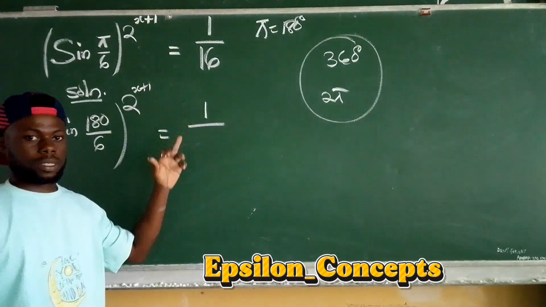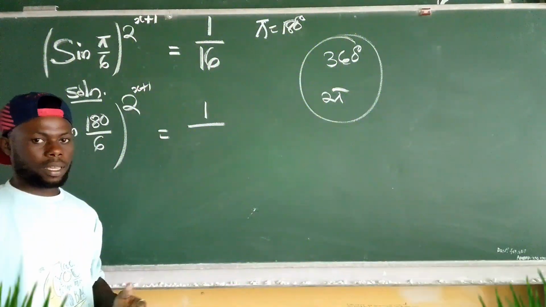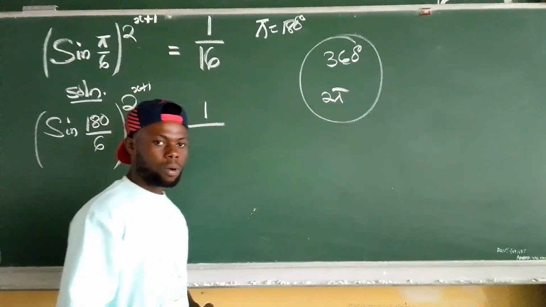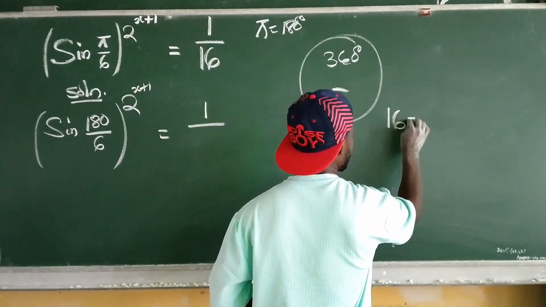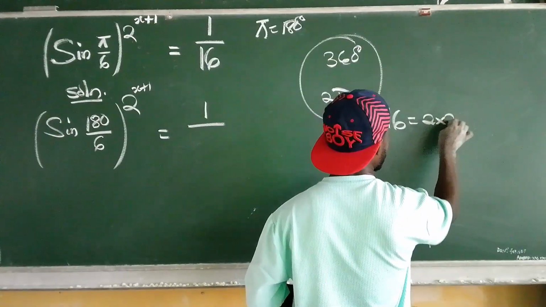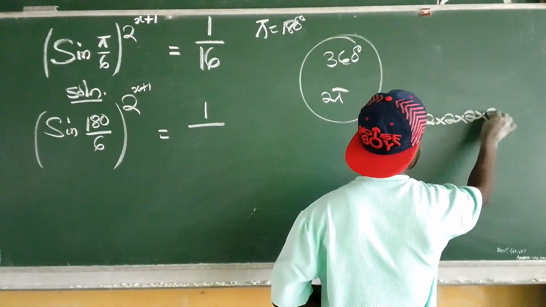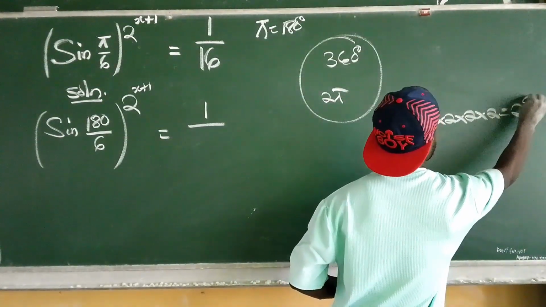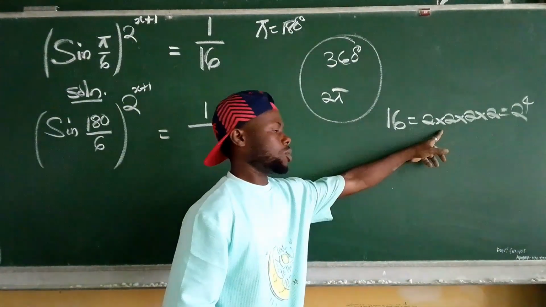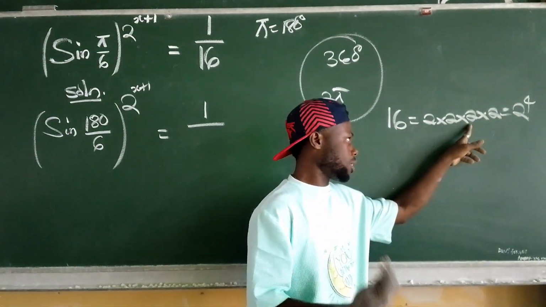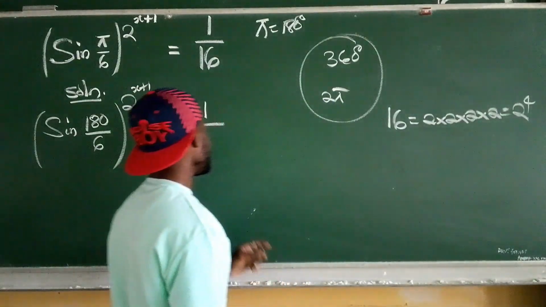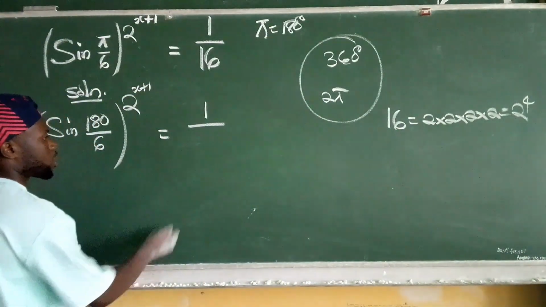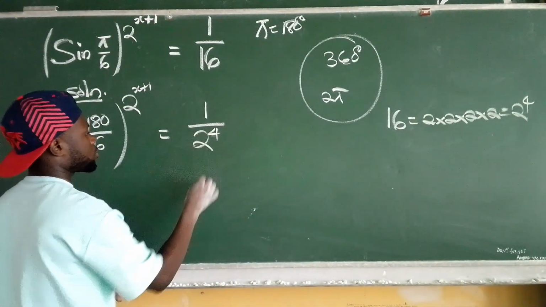But I'm not going to put 16 here. I'll write 16 in its exponential or index form. 16 is the same as 2 times 2 times 2 times 2, which gives 2 to the power of 4. 2 times 2 is 4, 4 times 2 is 8, and 8 times 2 is 16. So instead of writing 16 here, I'll put 2 to the power of 4.